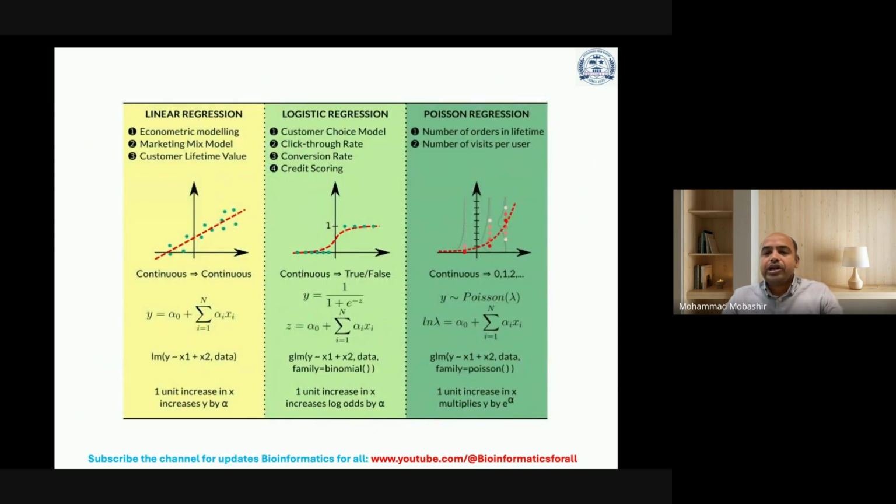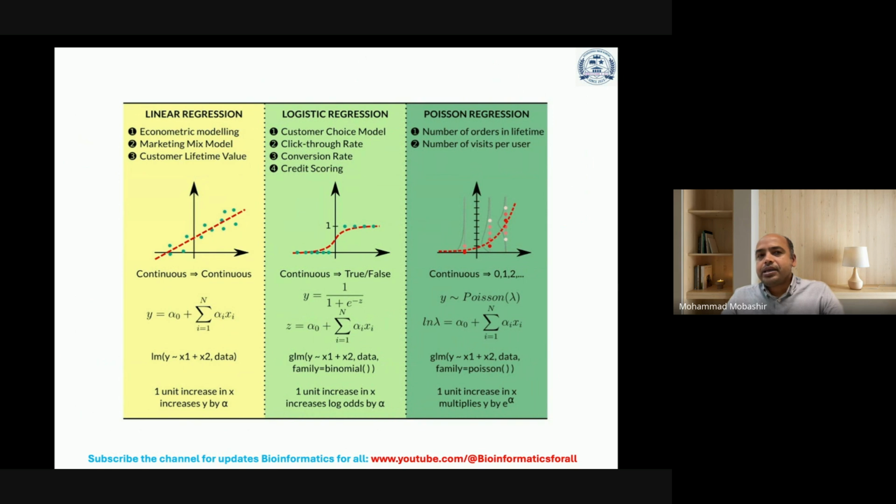Now, linear regressions: I am just showing some repeated examples of the types of regressions and their common applications, for example linear regression, logistic regression and Poisson regression.